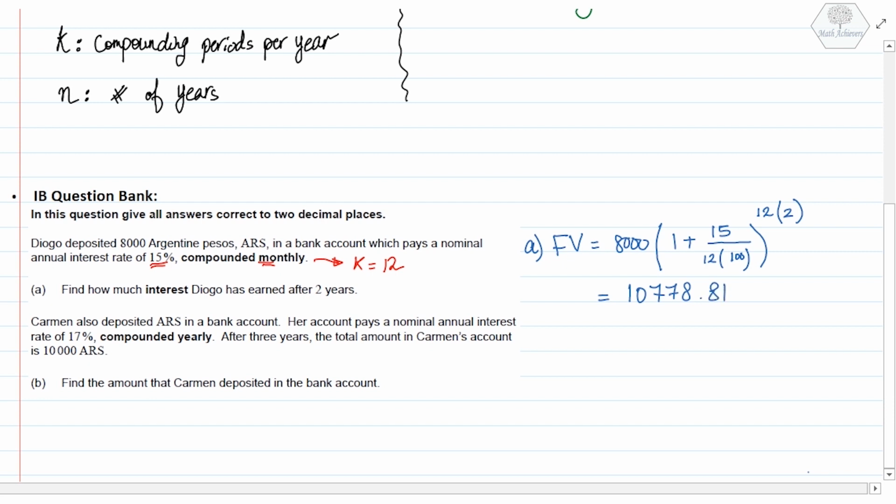The question asks about the interest. Simply, the future value is equal to the present value plus the interest gained.